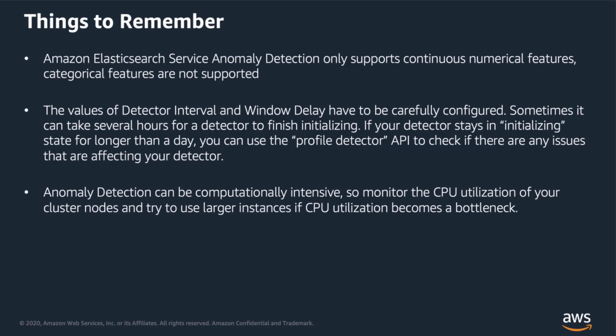And remember that over one detector interval duration, it produces only one single data sample. So even if you have detector intervals set at 10 minutes, that would effectively mean that in order for the algorithm to have a sufficient number of data samples, several hours' worth of data has to be processed. And this is where it helps if you have some historical data already in your index, because that data will also be automatically used.